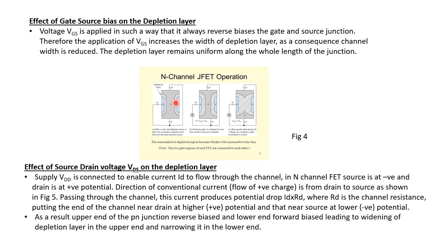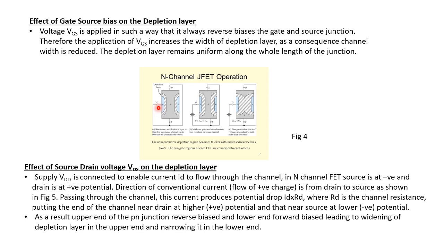We know that a FET is a voltage controlled device, as we have already discussed, that the output current of a FET is being controlled by the voltage applied at the input terminals.